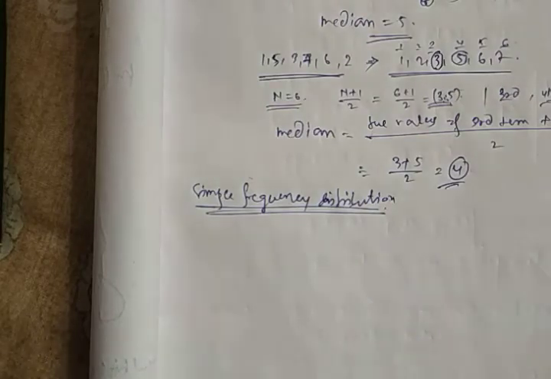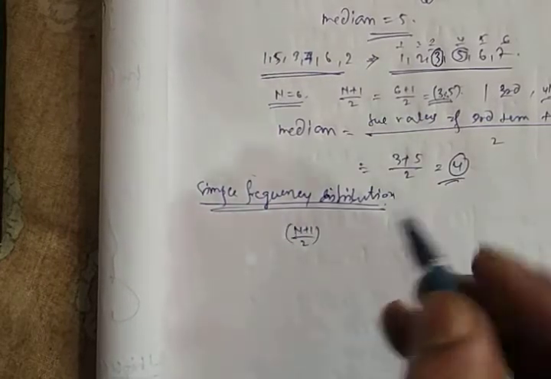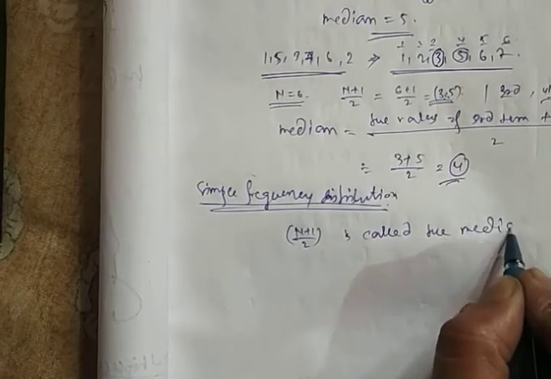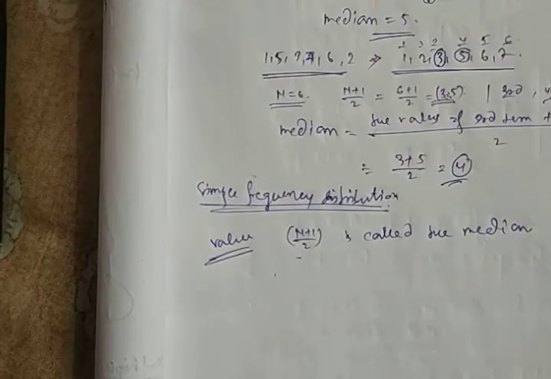To calculate the median we have to find the cumulative frequency of the corresponding distribution. Then the value corresponding to the (n plus 1) by 2th cumulative frequency is called the median.